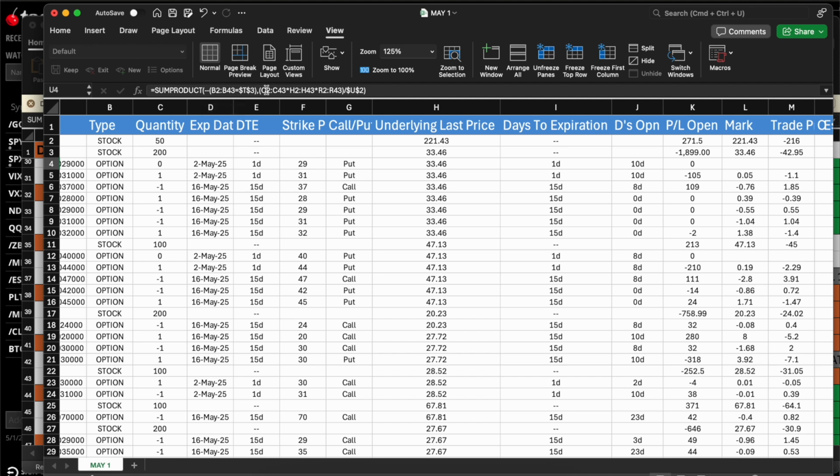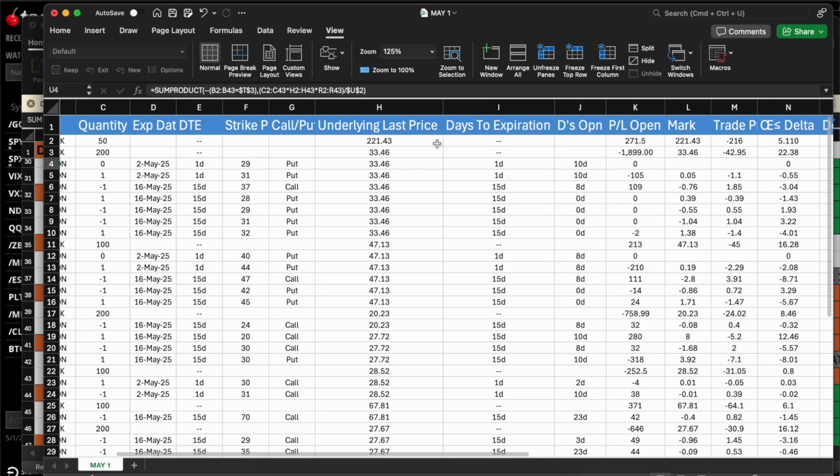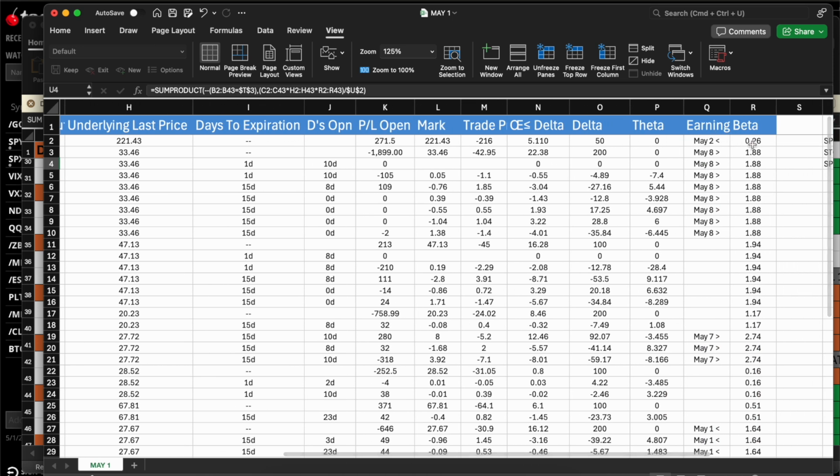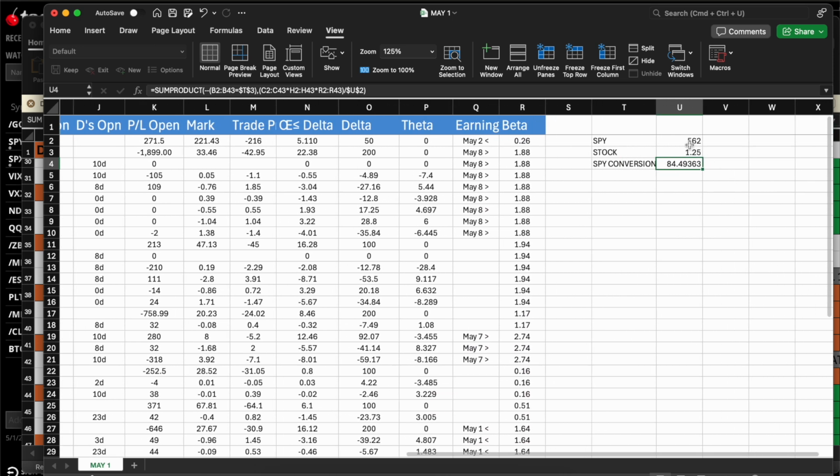And then it will allow me to multiply this, right now isolating stock, times the number of shares, so number of shares times the underlying price times the beta, and we're dividing by the price of SPY to give us a conversion for SPY.